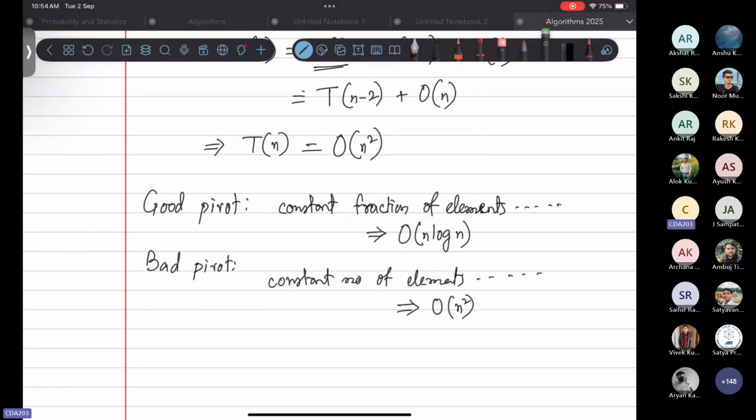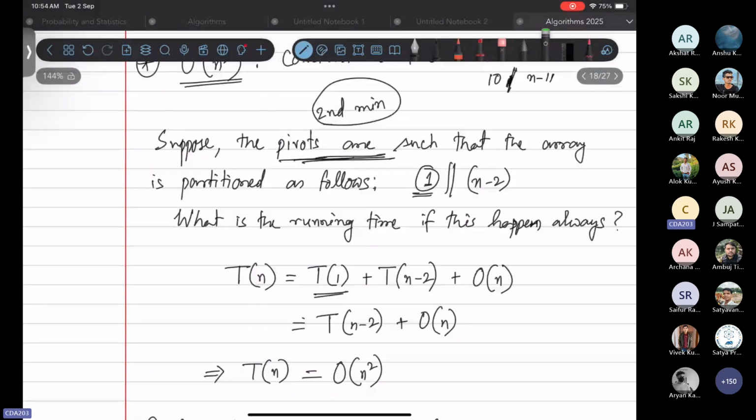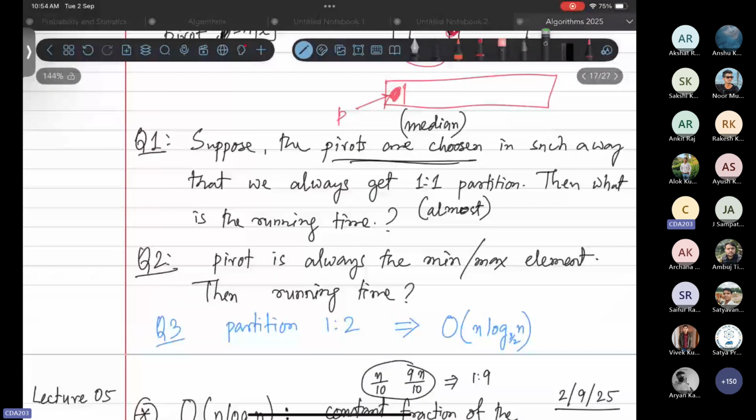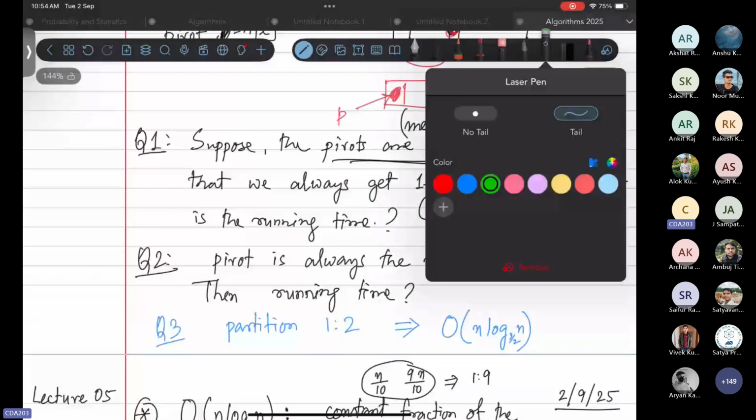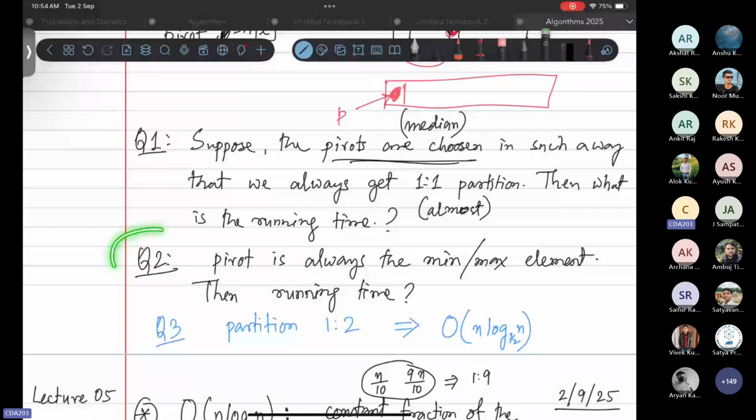Suppose I'm always taking the first element as my pivot, and we have seen a case where we have n squared time. For example, the answer to your question lies in the solution of this question 2. So if I always pick the minimum or maximum element, then we'll end up in n squared time, right?